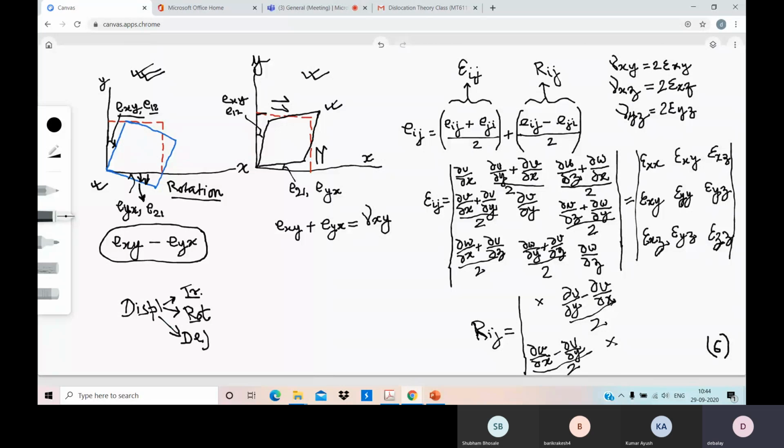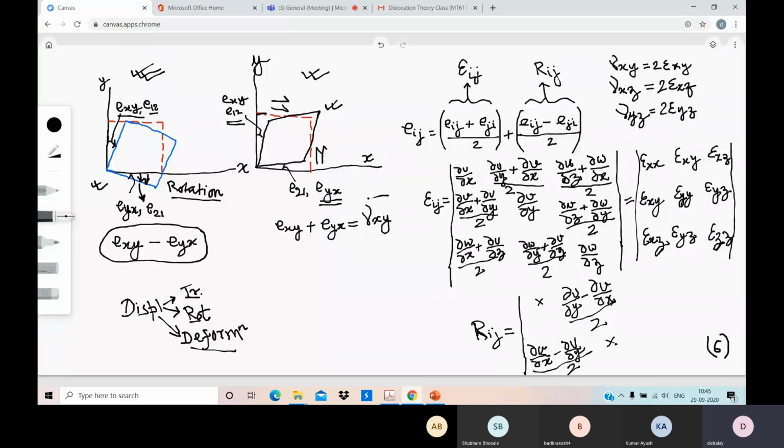So displacement can also happen because of deformation or strain. So far I was using the word relative displacement, which comprises three possibilities: translation, rotation, and deformation. So this is an example of deformation. And in deformation, you will find you are getting one component that is Exy, you are getting another component Eyx, and both are positive.